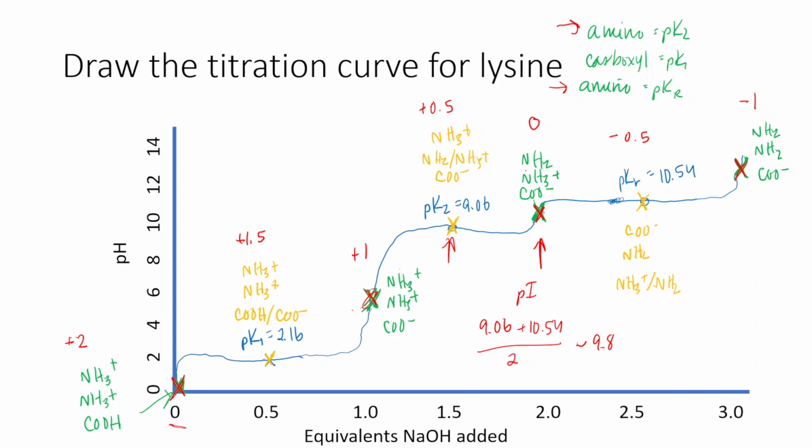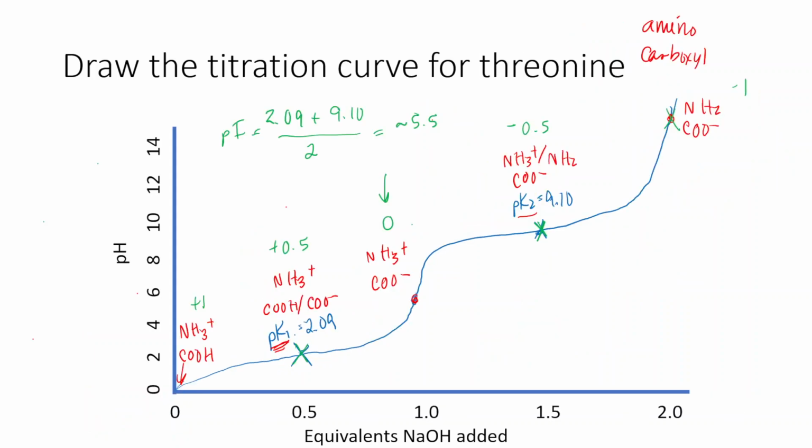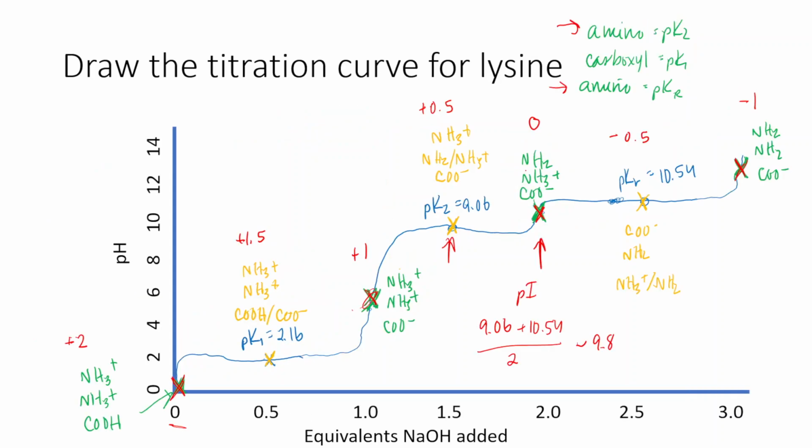Yeah, I mean, you have to consider at which equivalence point it is a zwitterion. That's what will change. So for lysine, it's at our second equivalence point at which it's neutral. For threonine, it was at our first equivalence point. So the equivalence point number will change. Yeah, you're right. Sorry. The definition of a zwitterion is when it is neutral, which makes it the pI. I did not explain that very clearly.